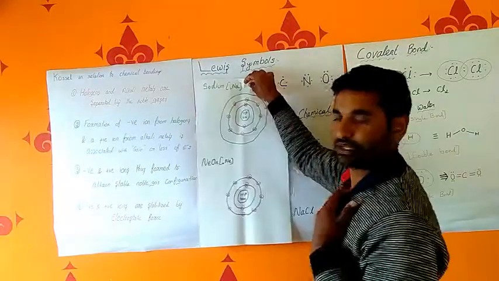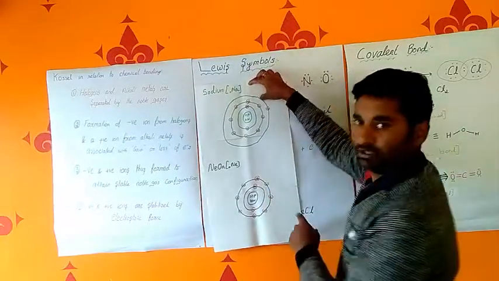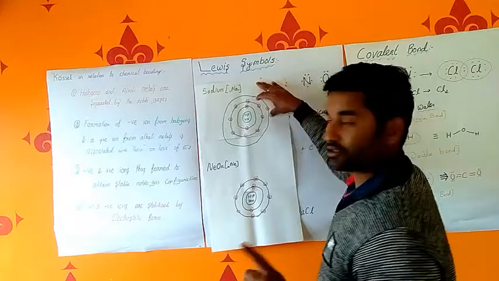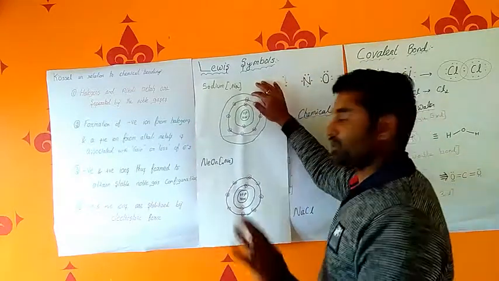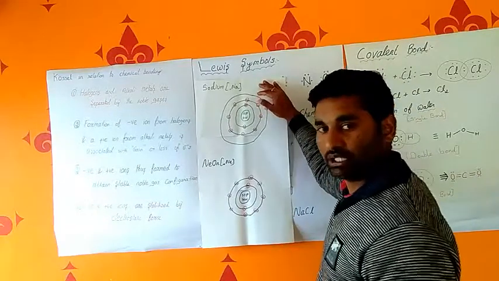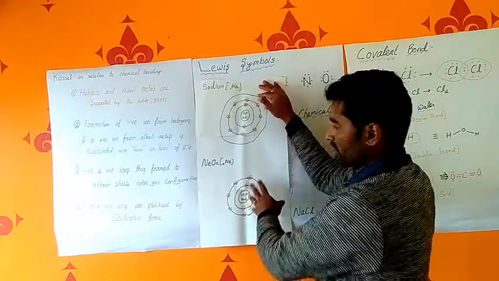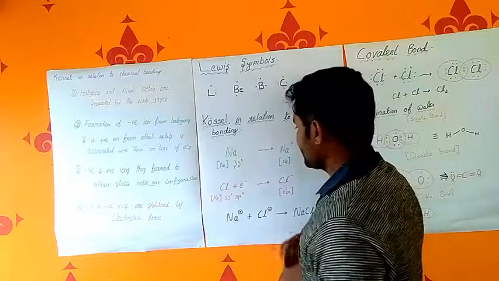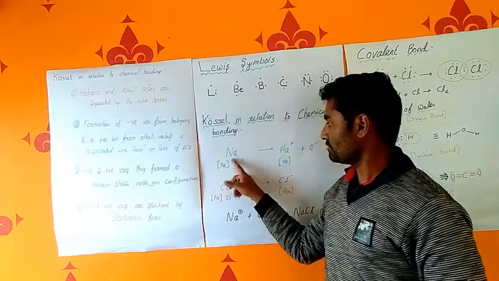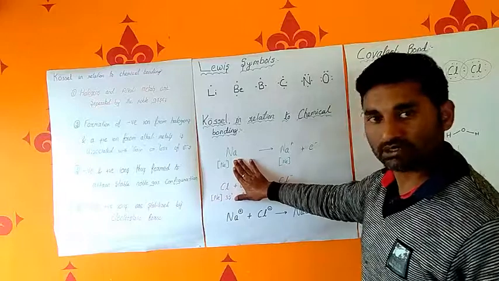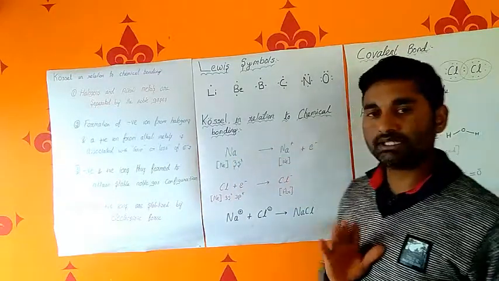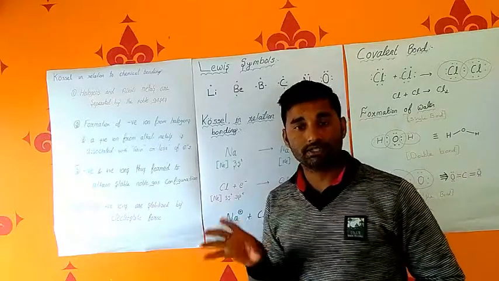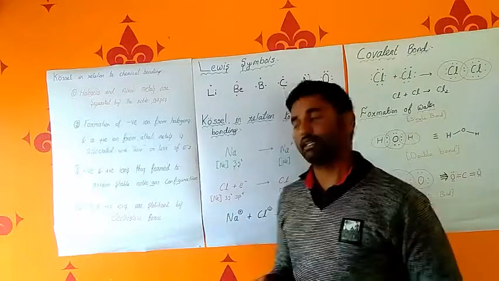So if sodium loses this electron, which means the valence electron in the last 3s1 orbital, it will attain the electronic configuration of neon, isn't it? Which means it will reach octet state or it will gain stability.